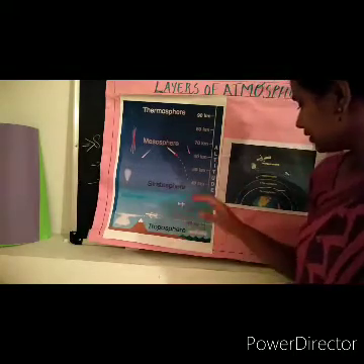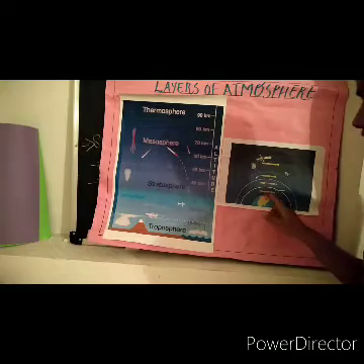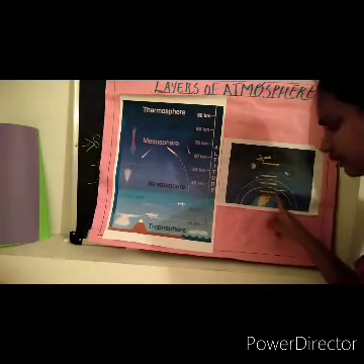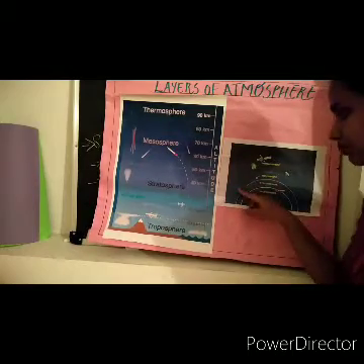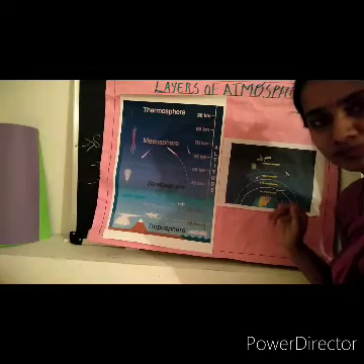So here, you can see the layers of atmosphere. Troposphere is the lowest portion of atmosphere. Troposphere, stratosphere, mesosphere and thermosphere. These are the four important layers of atmosphere.